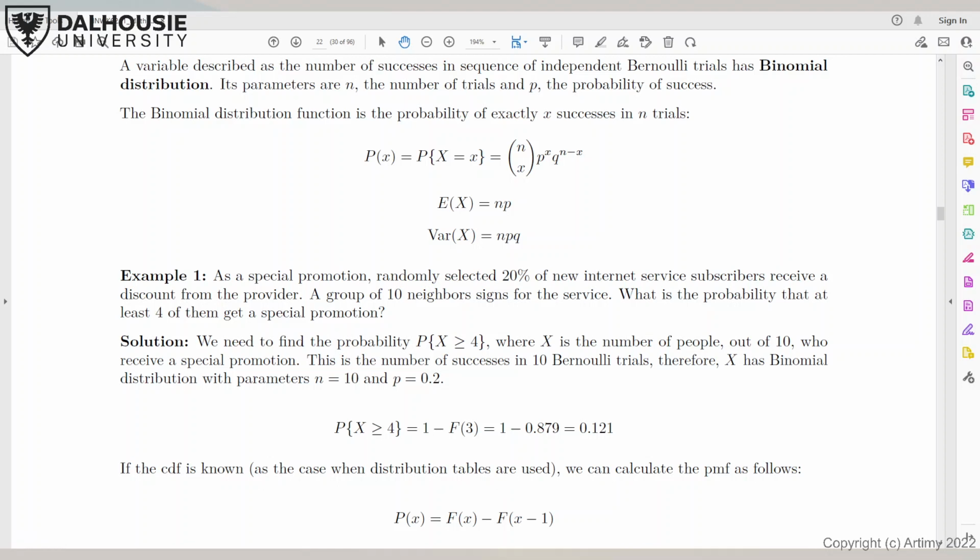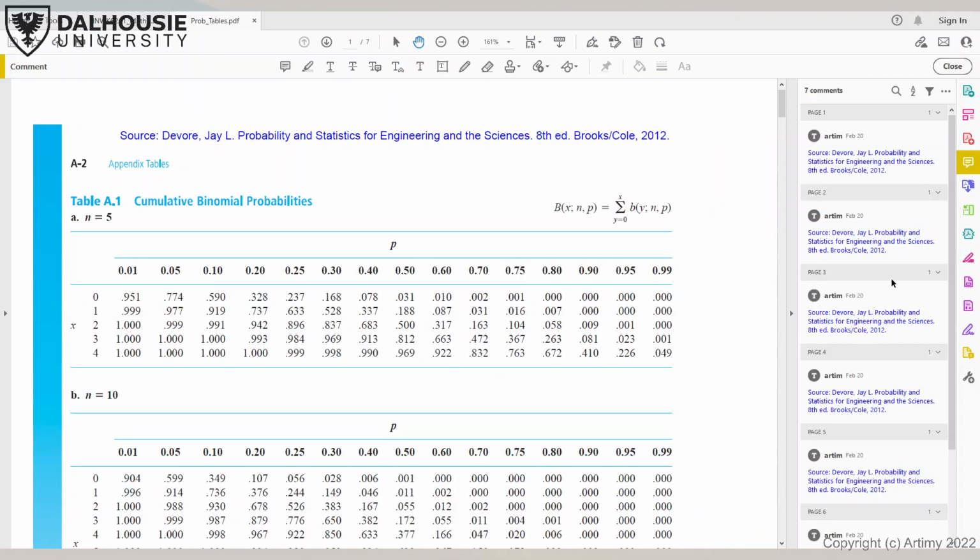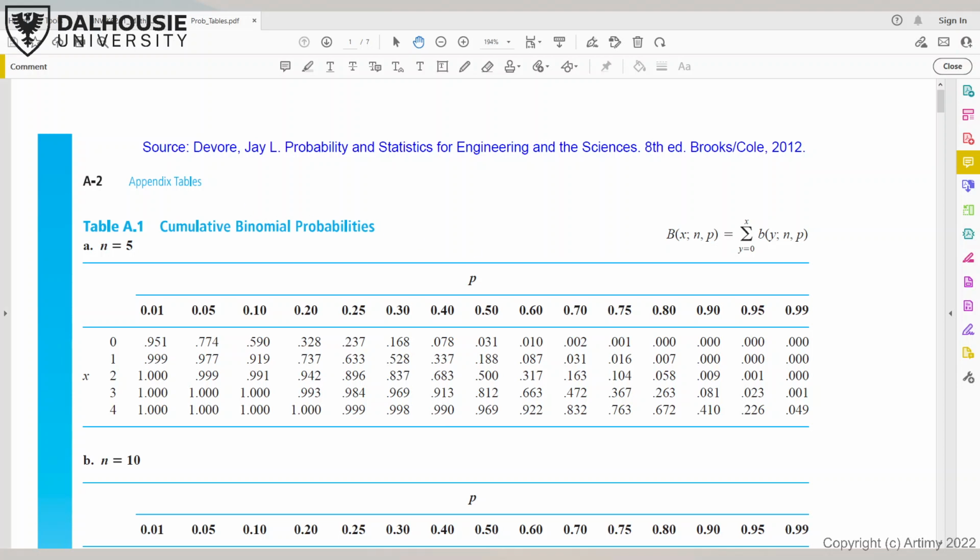A lot of these functions are very hard to calculate manually, so we'll resort to using tables to solve the problem. For tables, I'm going to look at one of them right now. First of all, to use the tables, we need to find the appropriate table for the distribution.